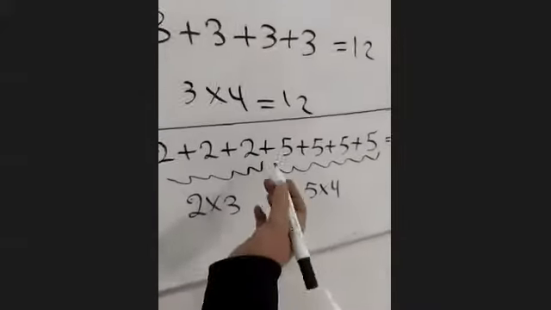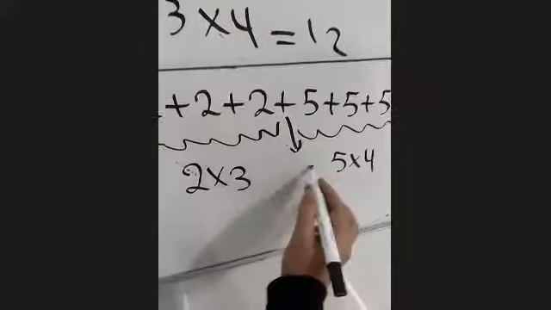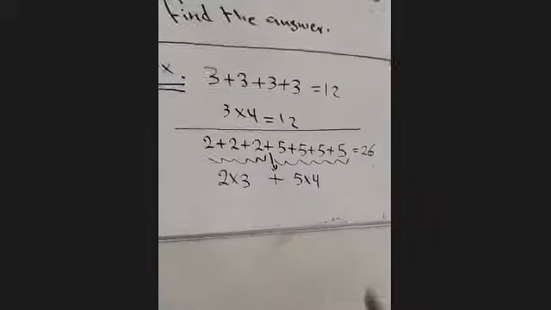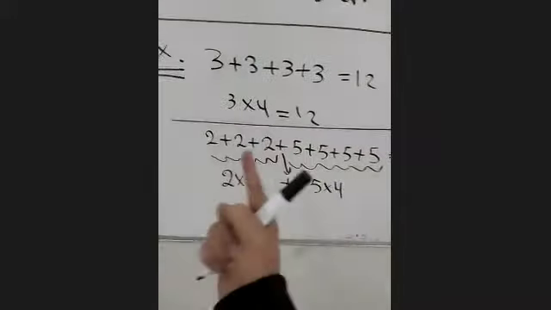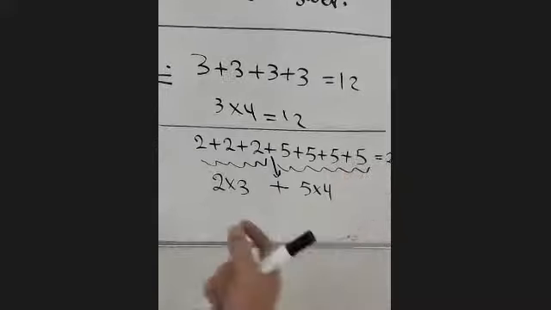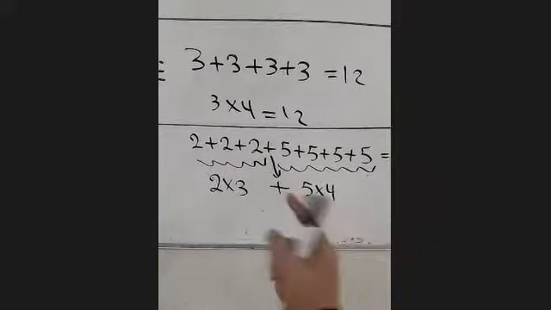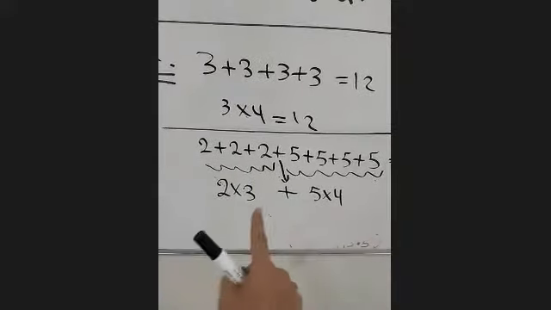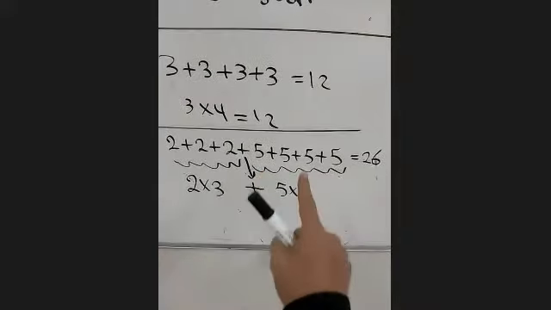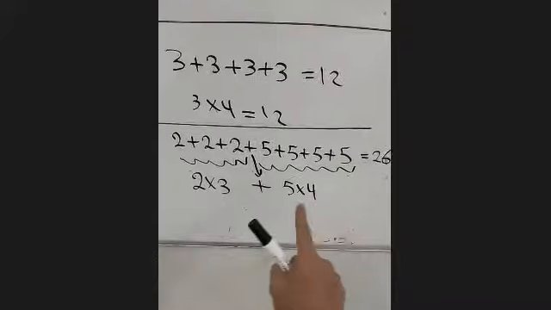And between them, we have addition. So I can express a lot of these numbers by a simplified multiplication operation. We have 3 2's, so 2 by 3. We have 4 5's, so 5 by 4, or 4 by 5, it's okay.